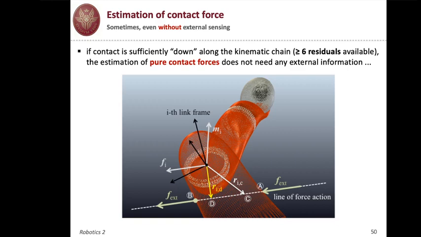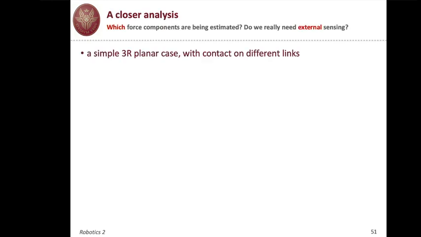Now there's a more detailed analysis here on a simple case, which is kind of interesting. So consider a 3R planar case, and let's consider a force applied on link 1, on link 2, or on link 3. Now the question is, what are we estimating in the three cases, and do we need external sensing that tells us in which particular point of each link we are having a contact?